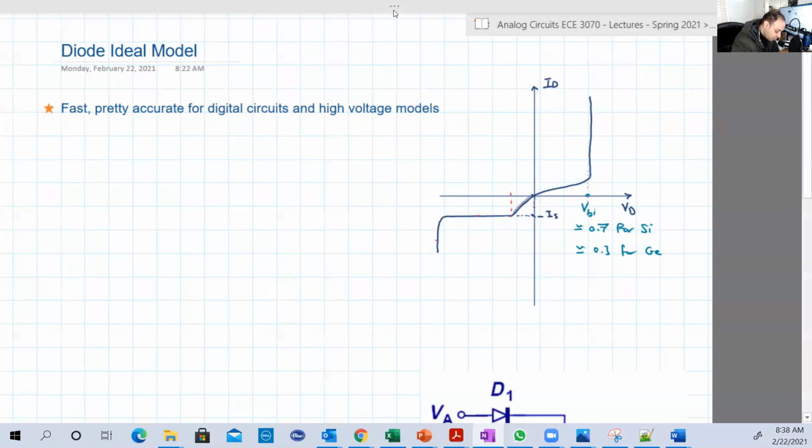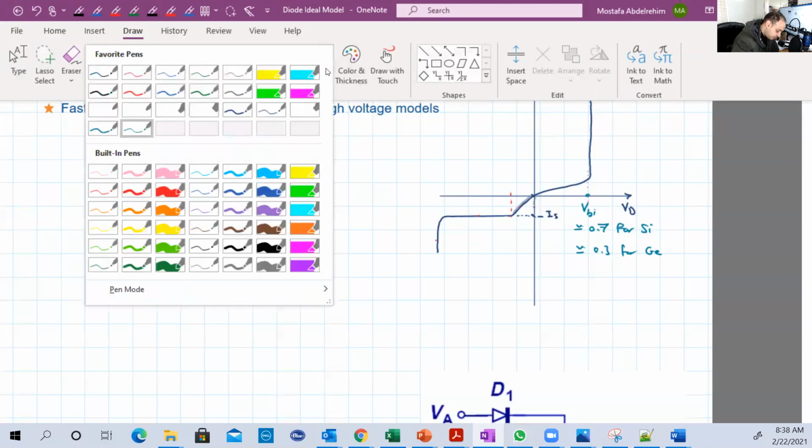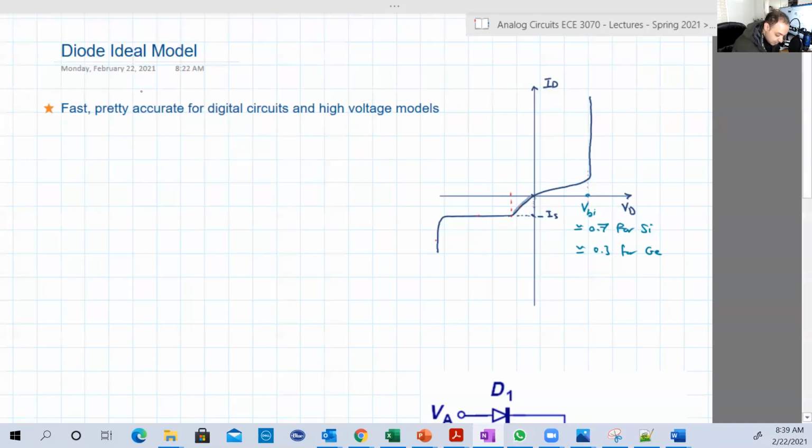So let's draw or locate such an approximation. Let's try red. As I said, once you are in forward, you will conduct, and the voltage drop across the diode will be 0. So basically, this will be approximated to that one.